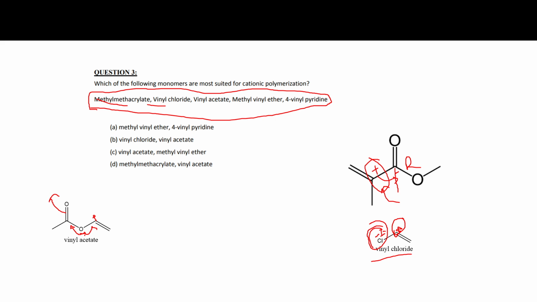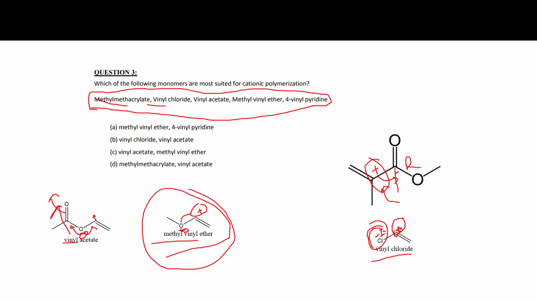So you need something that stabilizes this carbocation more effectively, like methyl vinyl ether. Compared to vinyl acetate, methyl vinyl ether has a lone pair that can stabilize this carbocation. Vinyl acetate can also stabilize it, but not that much, because the oxygen lone pair can also go to the resonating site with the carbonyl group. So methyl vinyl ether can produce your carbocation.